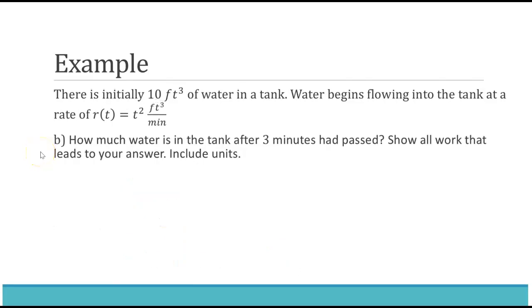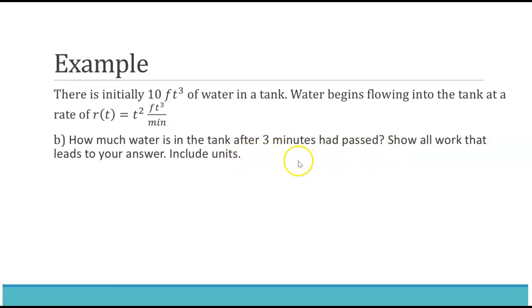There is a part B which asks a slightly different question. How much water is in the tank after 3 minutes has passed? Again, show all work that leads to your answer and include units. The previous question asked us how much water was added to the tank during the first 3 minutes. But now we want to know how much water was in the tank after 3 minutes had passed.